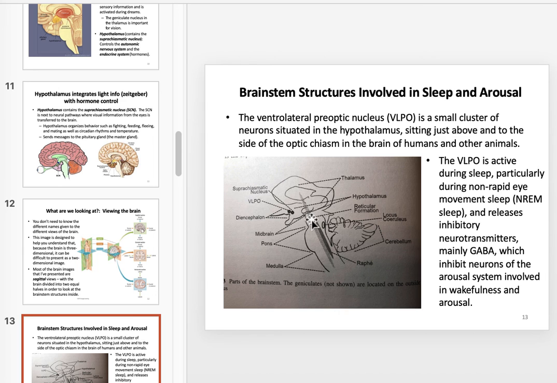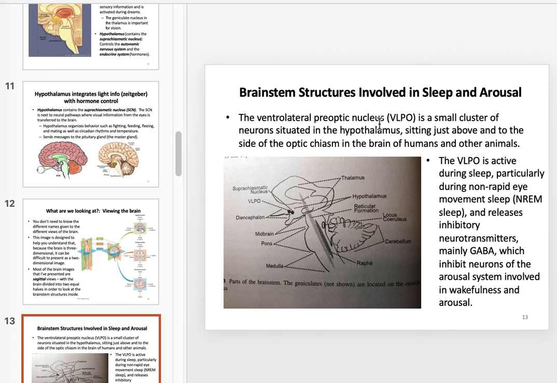Preoptic, it's right by the optic chiasm, which unfortunately isn't diagrammed here. And then nucleus, it's a little bundle of neurons. So it actually makes sense, ventrolateral preoptic nucleus. But if you want to just remember VLPO, that's fine.